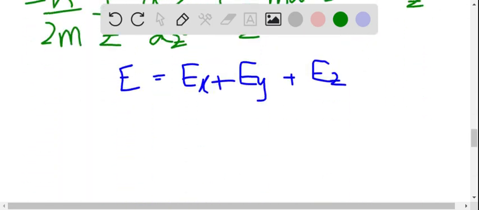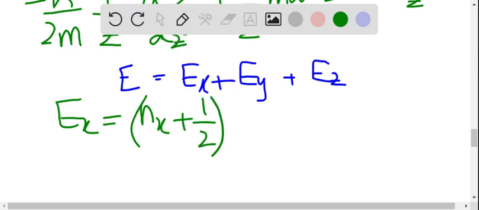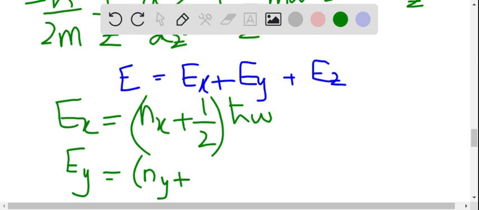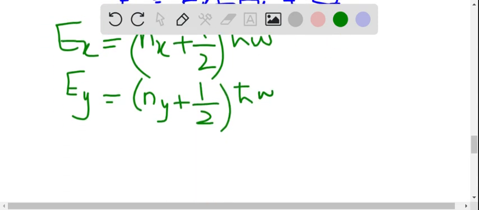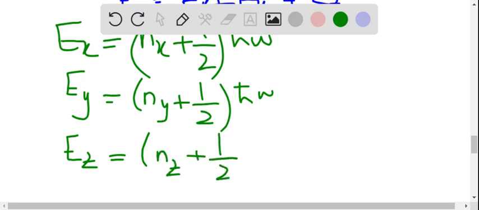The equation for Ex would be n sub x plus 1/2 times ħω. Ey would be n sub y plus 1/2 times ħω, and Ez would be n sub z plus 1/2 times ħω, right?